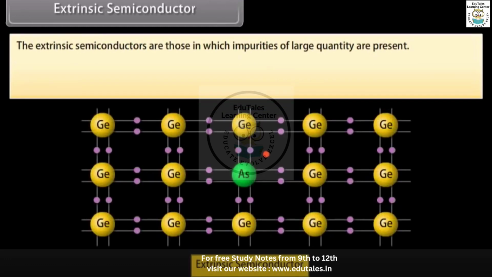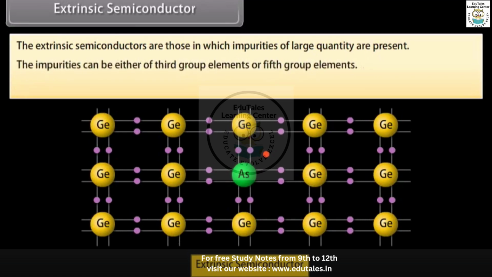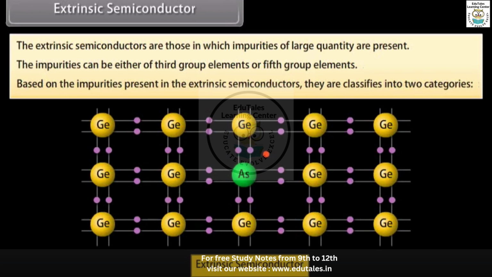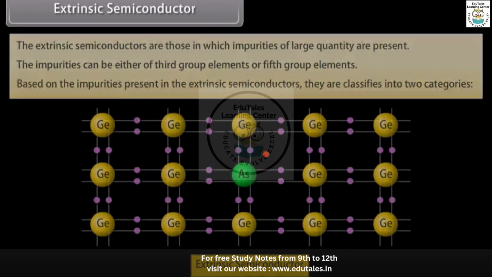Extrinsic semiconductor. The extrinsic semiconductors are those in which impurities in large quantity are present. The impurities can be either of third group elements or fifth group elements. Based on the impurities present in the extrinsic semiconductors, they are classified into 2 categories.